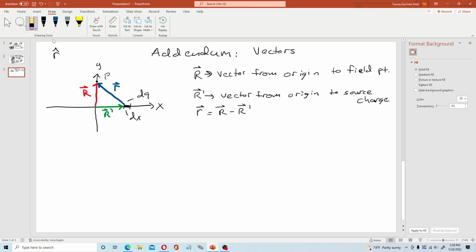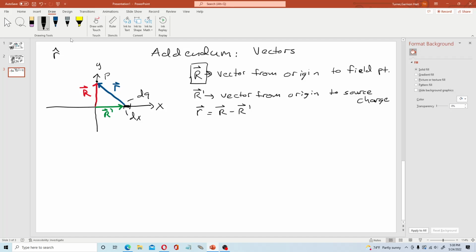Okay, one technique to do it is to define a vector capital R, and I'm going to define this vector as a vector pointing from the origin to my field point. Okay, so it is the red vector here.